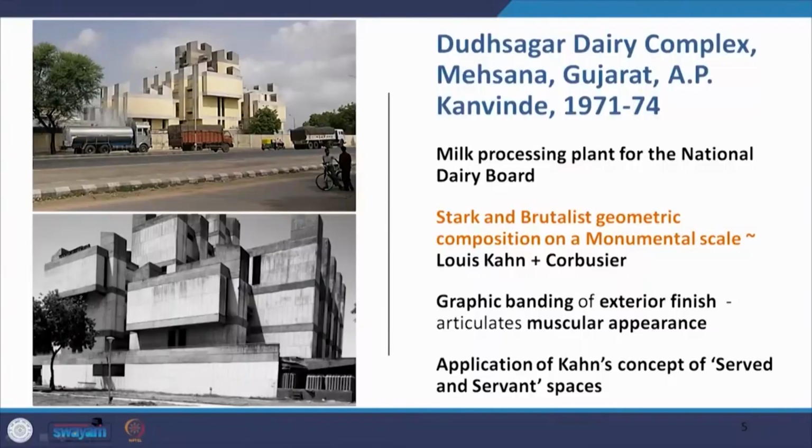It is brutalist, we are reminded of Corbusier. Geometric is also a remembrance of Corbusier when we look at the works of the Capitol complex in Chandigarh. There is a graphic banding in the exterior finish which articulates it's a very muscular building, it's a very robust building, and there is also the application of the concept of servant and served spaces of Louis Kahn.